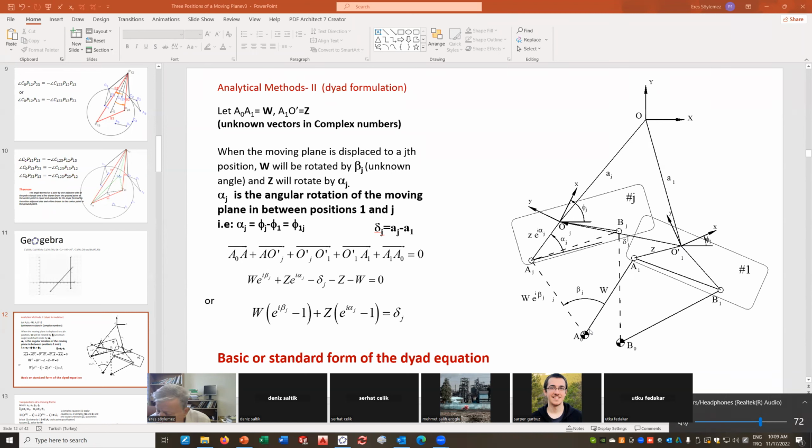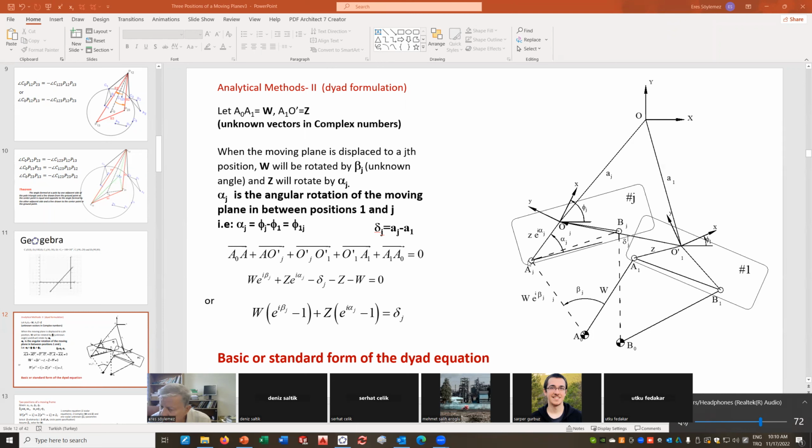Now I have a vector loop formed: A0, AJ, OJ prime, O1 prime, A1, A0. This is a vector loop. I'll correct this, AJ should be.